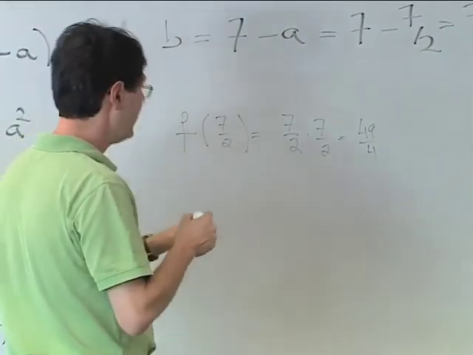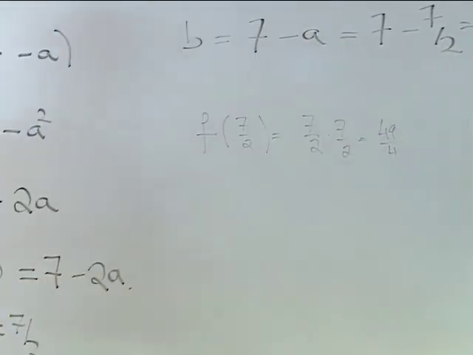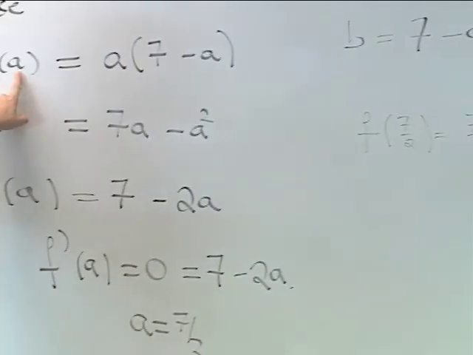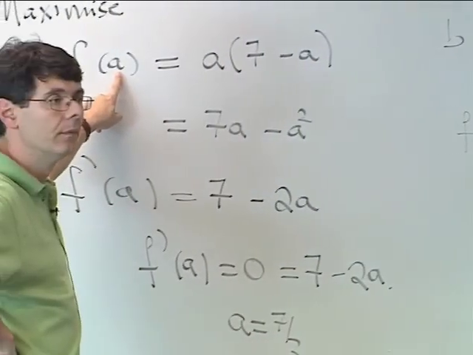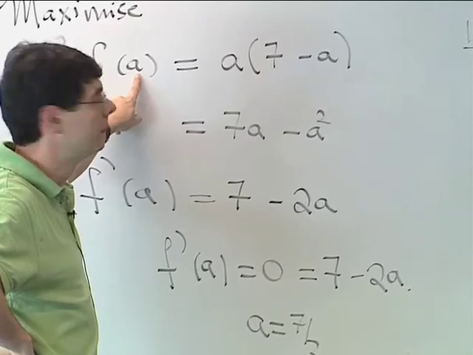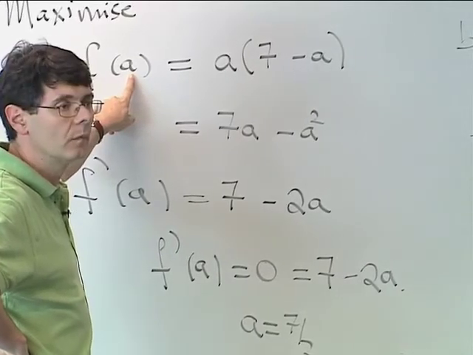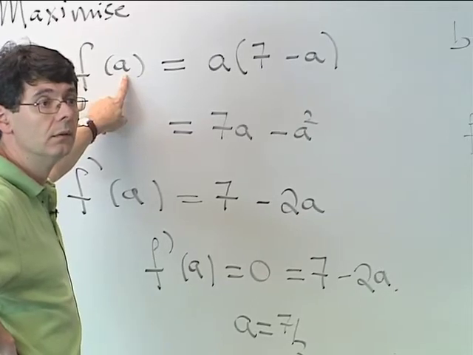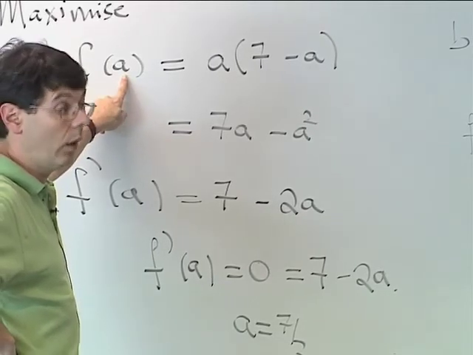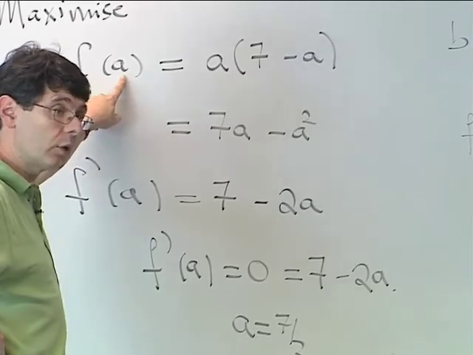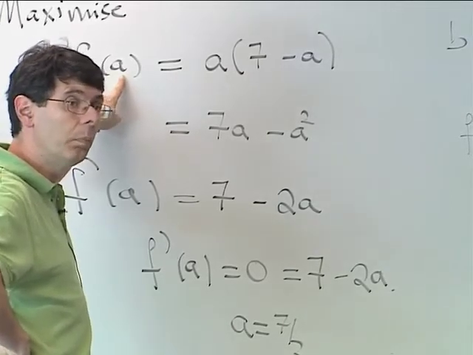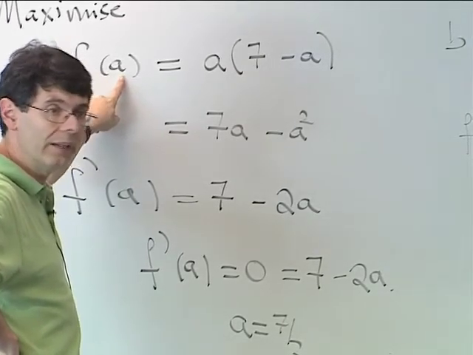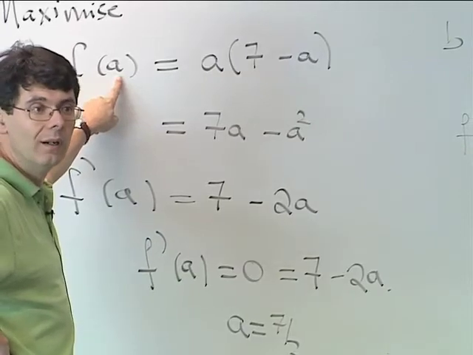What's the smallest value that the variable a can be? Can it be negative 10? Well, remember how I wrote the problem? I said, let a and b be two positive numbers that add up to 7.